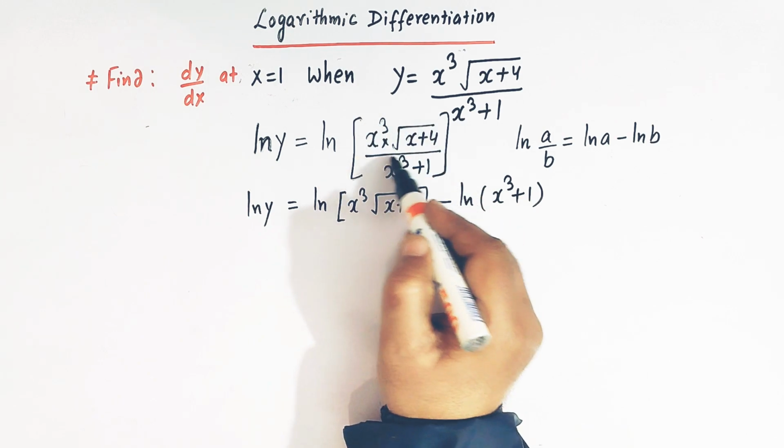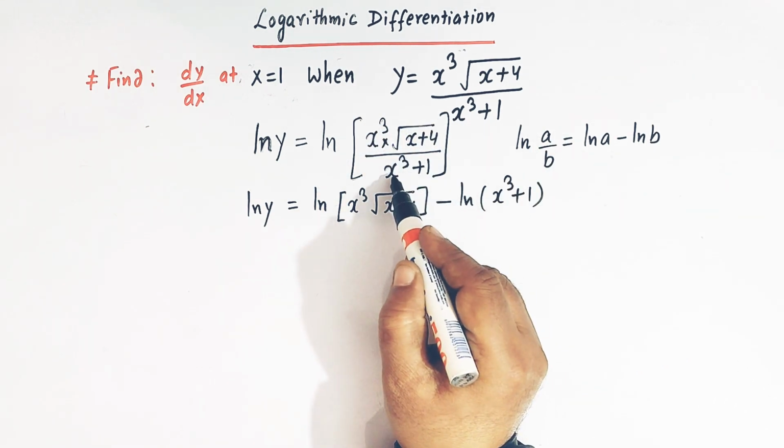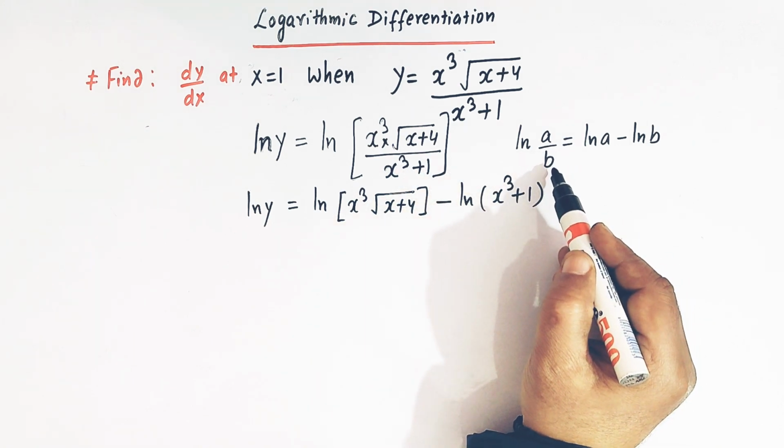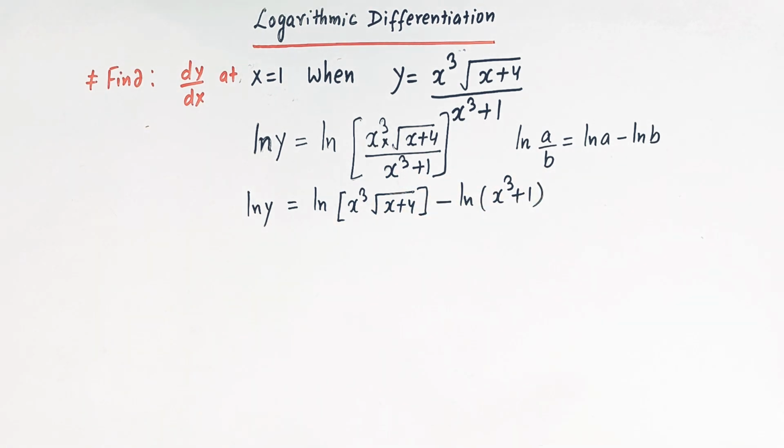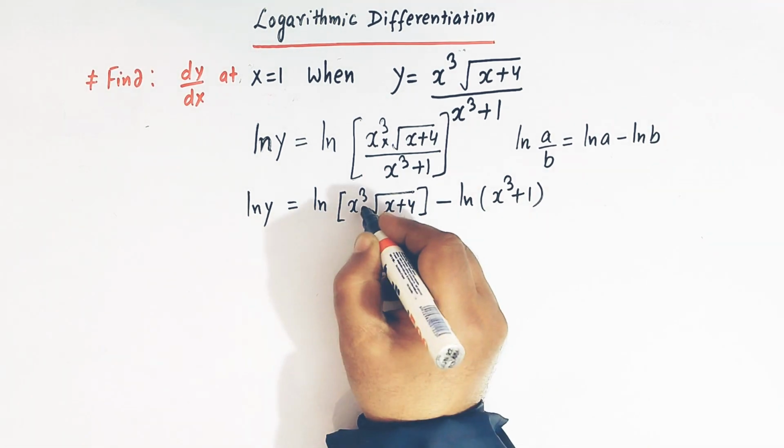So this numerator can be treated as a, and the denominator x cube plus 1 may be treated as b.